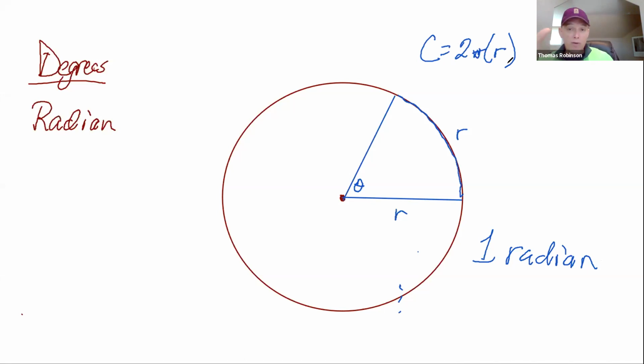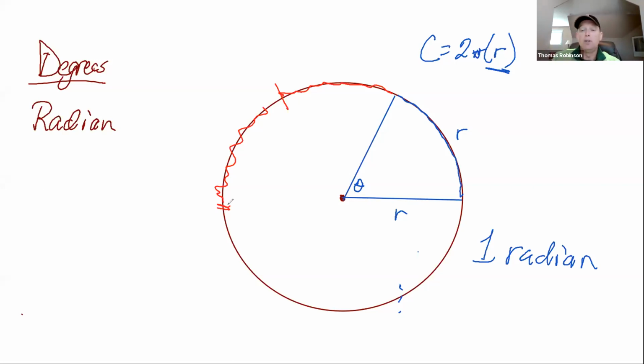So pi is 3.14, right? Hey, happy Pi Day. It's 3.14, so 2 of those is about 6.28. There's that many r's that go around the circle. So if this is 1 r, maybe another r might be there, maybe another r might be there, and so on. And we're saying that there's about 6.28 of these, or 2 pi of those, as you go around the circle.